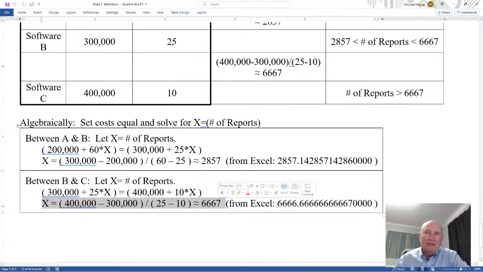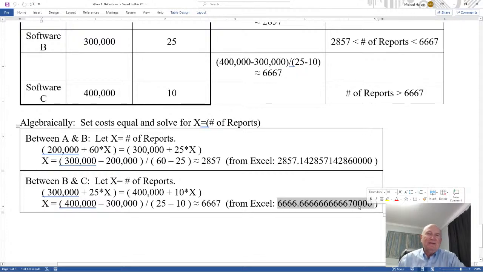From Excel, it's 6,666.66666666667, if I did that right. But I'm going to round this off, but notice the 0.6 here, I'm going to round it to the units digit, but 0.6 here is greater than 0.5. So I'm rounding up to 7, and that's why that's 6,667. So rounding in this course will be important.